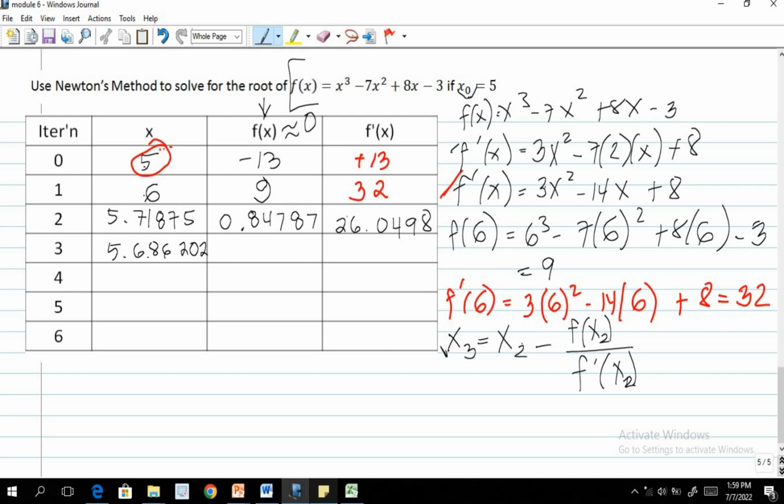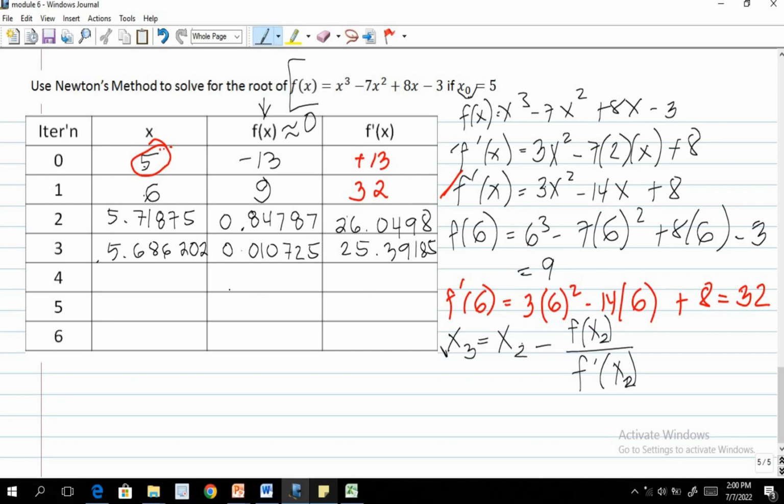For my fx, again, substitute this doon sa may function x. That is equal to 0.010725. For my f prime x, that is equal to 25.39185.